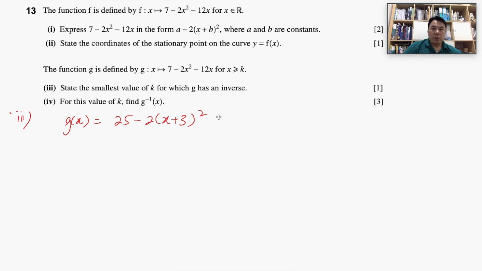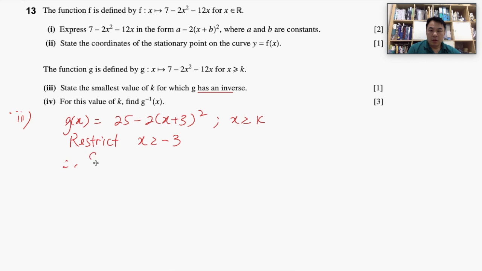But this time we have to restrict our domain so that we can have a one-to-one function. How are we going to restrict our domain? Here I will not go through all the working again. So we're going to restrict x greater than negative 3.